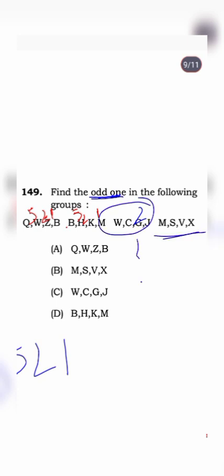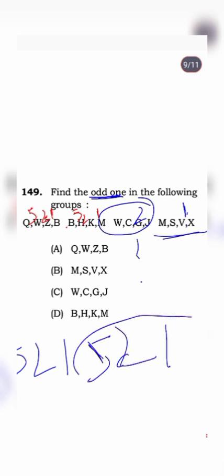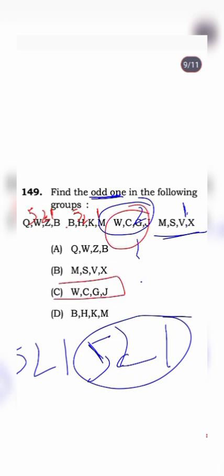Now we will see VWX, means here is also only one alphabet between them. So we are seeing the difference of 1 alphabet, 2 alphabet and 5 alphabet between the given alphabets. But what we have seen here in the WCGJ, there is a difference of 2 alphabets in the last, so it is the odd one. So it is the answer.